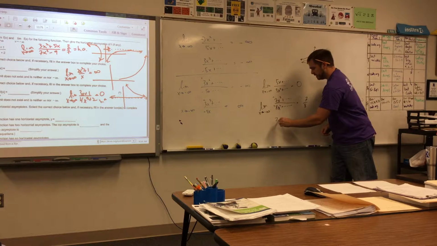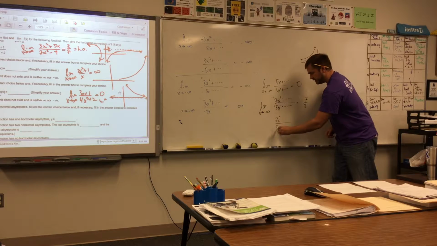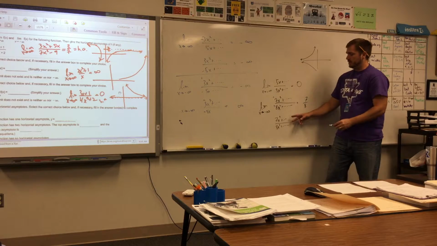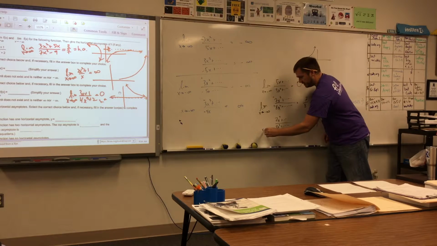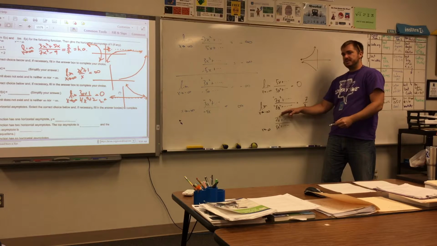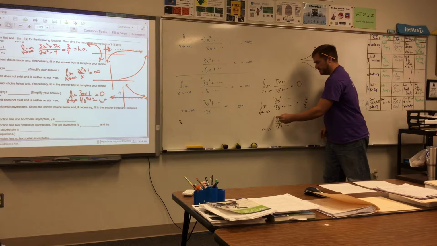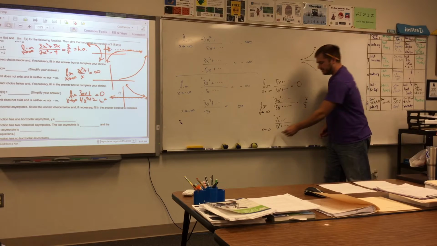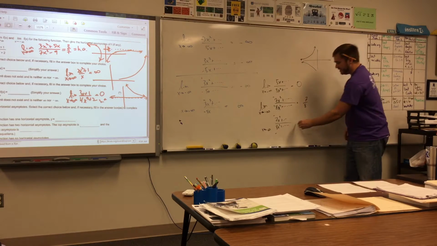Just to be clear, if it happened to be cubed, as x approaches negative infinity, negative infinity times negative infinity times negative infinity is still negative. So they still cancel out, and you still end up with 7/8.